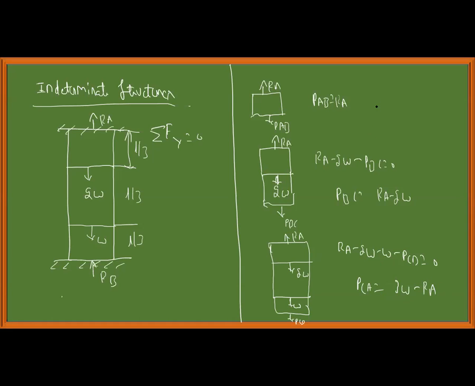PCD is equal to RA minus 3W. PBC is equal to RA minus 2W. PAB is equal to RA. Okay. Now, what you should know is, what is the deformation of the entire bar?